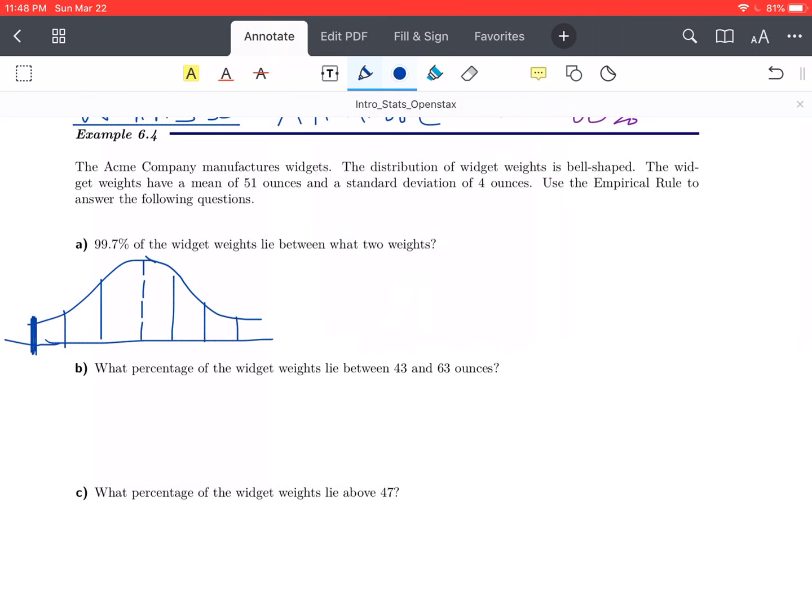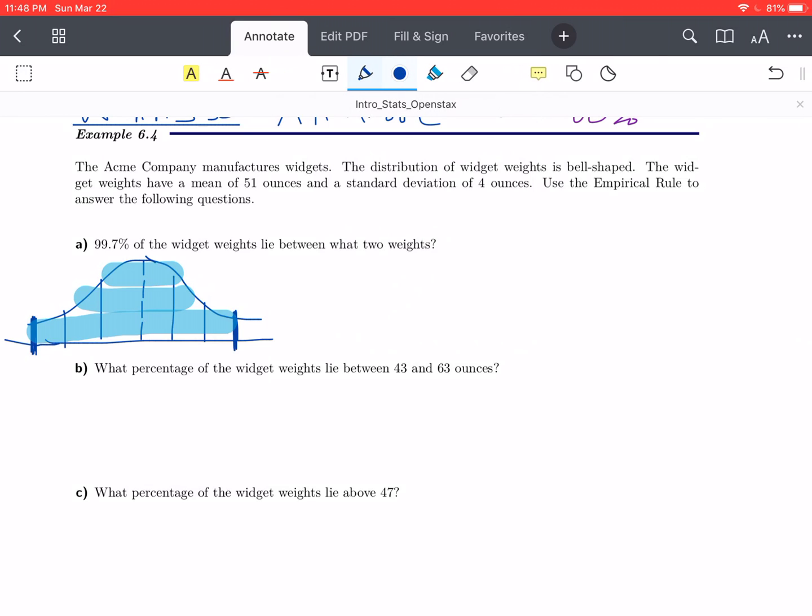So that's going to be from here to here. It's going to be everything in here. Okay, so we want all of the data points that lie within this region.